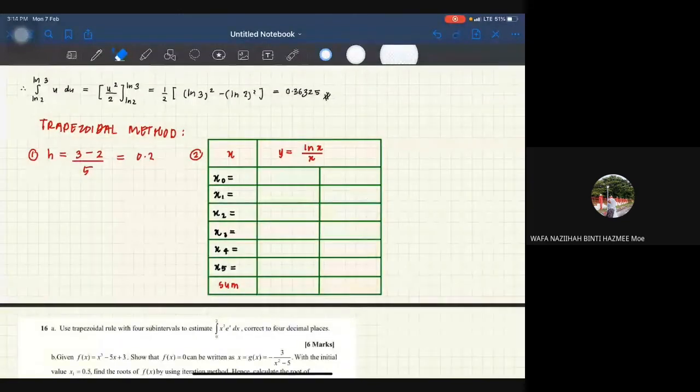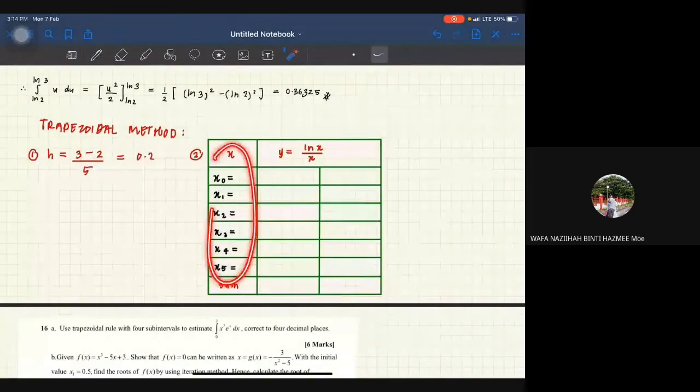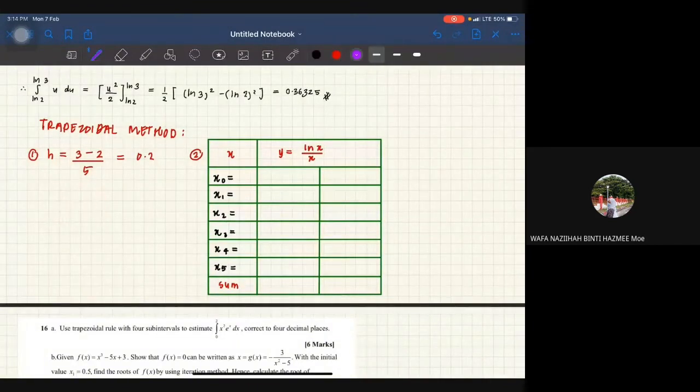Okay, so table kita dia akan ada 1, 2, 3, 4, 5, 6. Okay, so dia akan ada 6 nilai Y. Okay, 6 nilai X, 6 nilai Y. Okay, so this is X, this is Y. Okay, dia akan ada 6 sebab apa? Sebab based on trapezium yang kita lukis tadi, dia akan ada 6 garisan. So 1, 2, 3, 4. Saya guna warna. 1, 2, 3, 4, 5, 6.